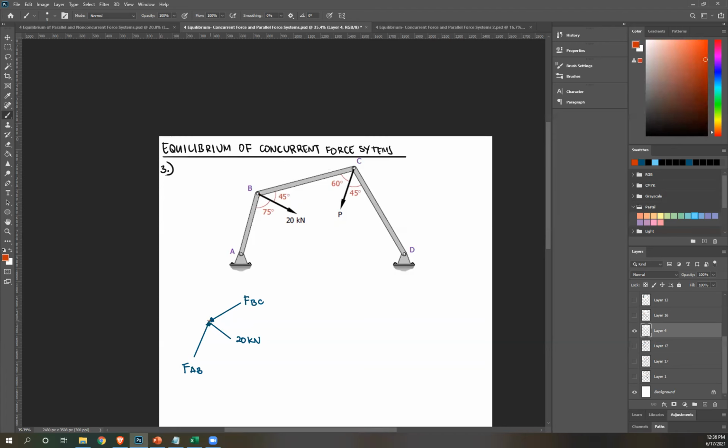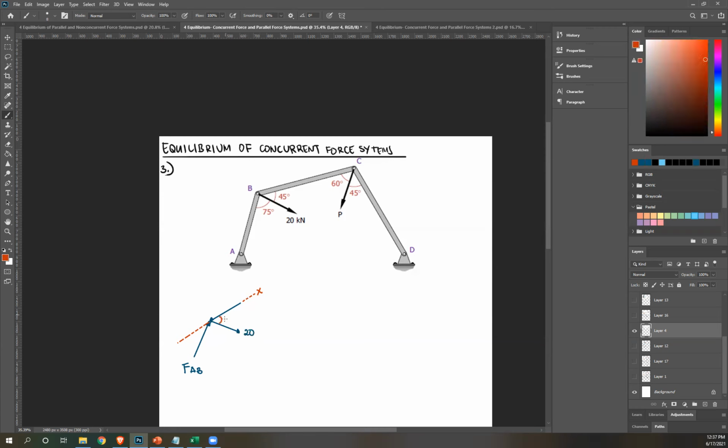Okay, so I'm gonna choose this again as my x-axis. So this is x-axis. And then what we need is this angle from the x-axis. Well, we already know that's 45. So this is 45. Let's actually draw this a bit better. 20.